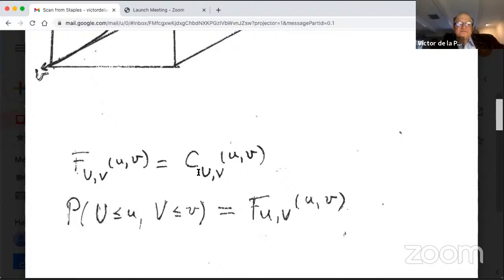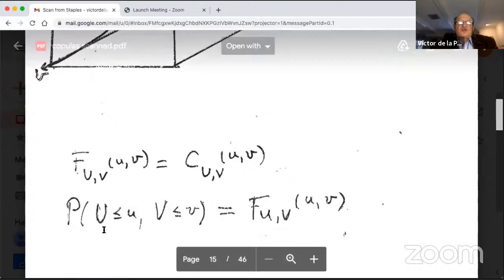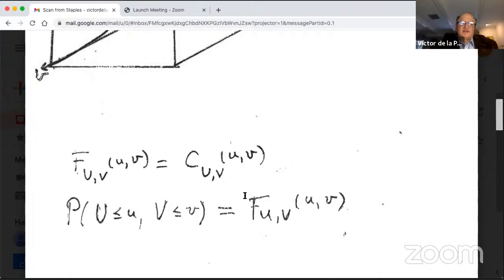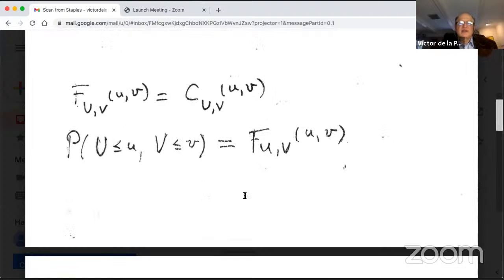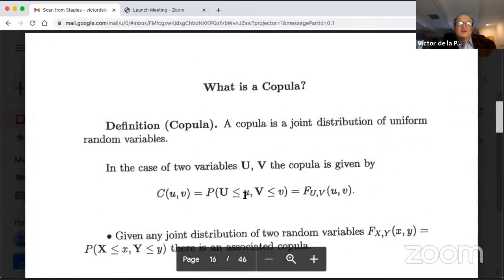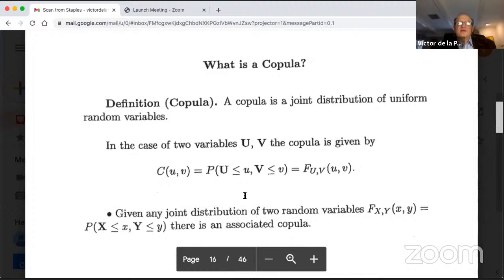There is a copula. That's a fact, and I'm going to show you how to find it. But if I take a joint distribution of uniform variables, then the associated copula is just the same joint distribution. That's trivial, because the probability that U is less than or equal to u and V is less than or equal to v is C of u, v. It is actually a function of uniforms.